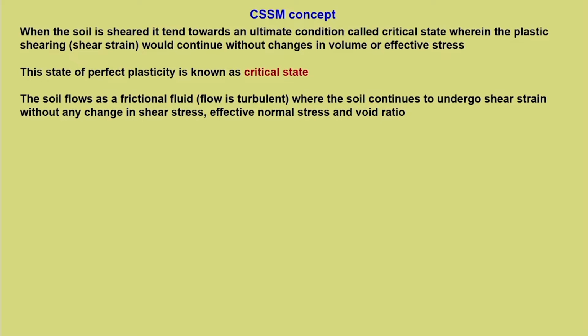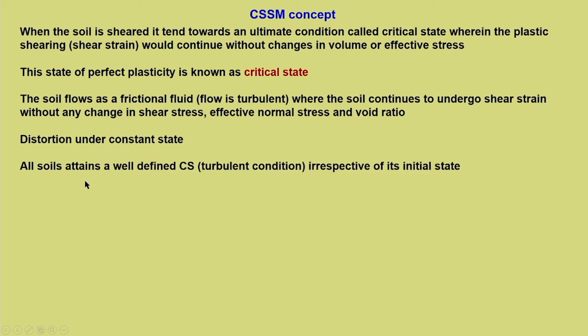At the critical state, it is assumed that the flow is in a turbulent manner, not in an orderly manner, where the soil continues to undergo shear strain at constant shear stress, effective normal stress and void ratio. So it is more like a distortion under a constant state.